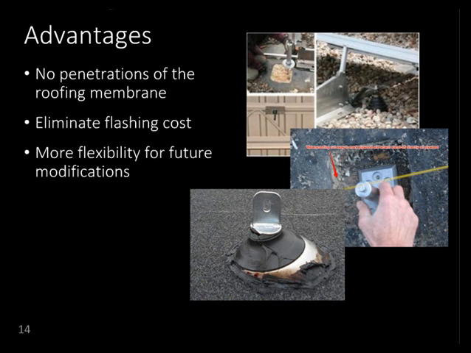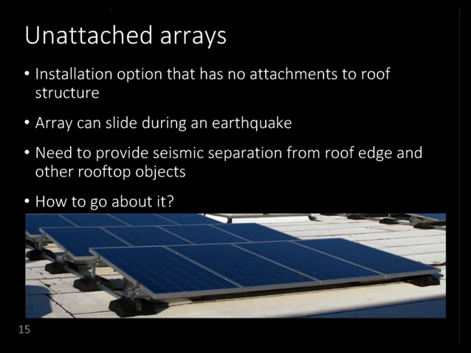It has some advantages or reasons why people are interested in doing this, and the primary one is that it means you're not penetrating the roofing membrane. Roofing membrane penetrations create costs in terms of flashing and potential for leaks, and also limits your flexibility in terms of future modifications by installing that sort of modification to the structure.